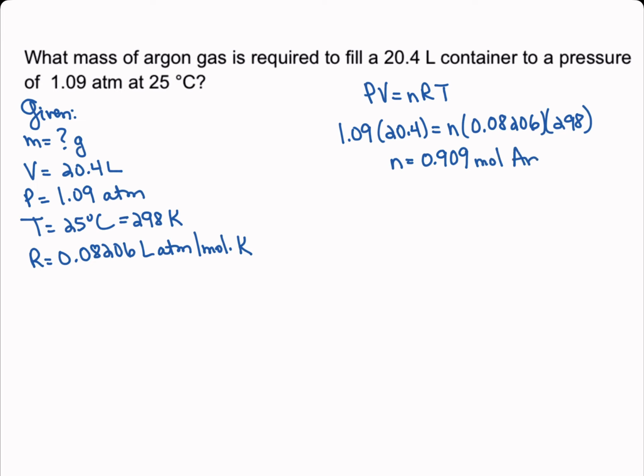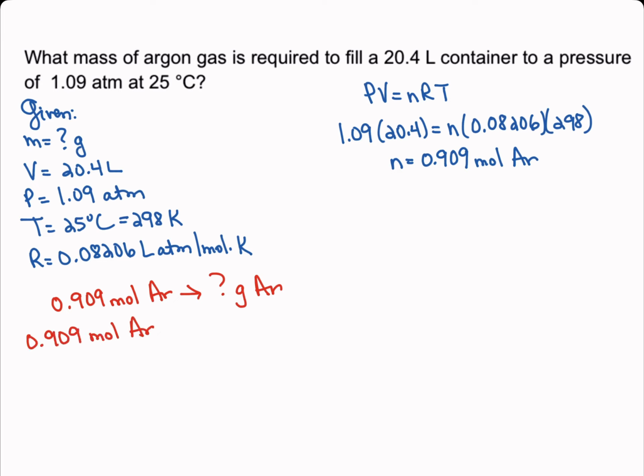I want to make sure that I'm not confusing my information. So we just solved for moles of argon, but they're asking for mass in grams. So I'm going to have to convert 0.909 moles of argon to grams of argon. I always start off with my given.